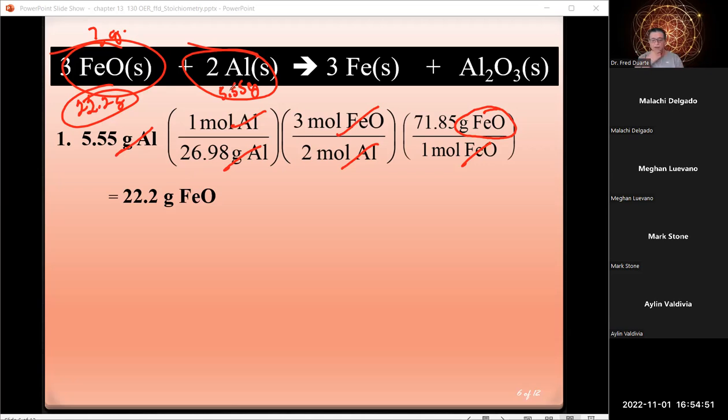You may weigh out an X amount of aluminum for whatever reason. You weighed out 5.55 grams of aluminum. Now you have to figure out how much iron oxide you need. So you calculate, and once you calculate, you know the minimum amount of iron 3 oxide you need for this reaction to proceed as written.